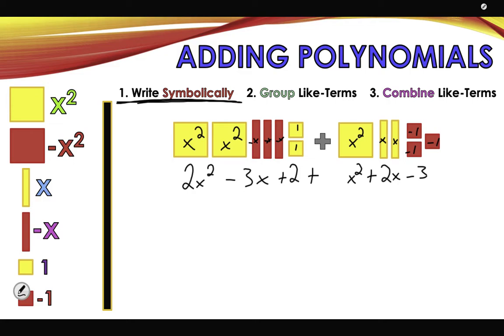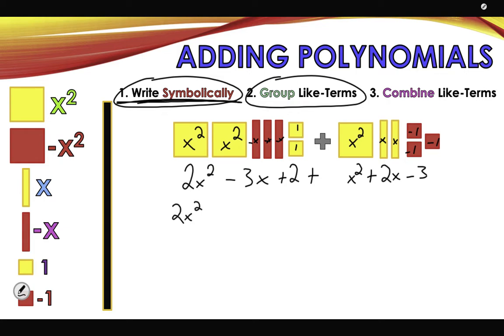So that was step number 1, just actually writing out these polynomials. Then I'm going to group. So I will say, let's take my x squared terms and put them together. Then let's take my x terms and put them together.